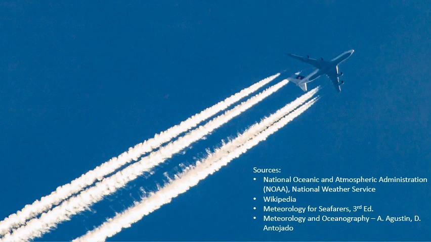So these airplanes make additional cirrus clouds, and the formation of these contrails adds to the warmth of the atmosphere, or it warms the atmosphere.